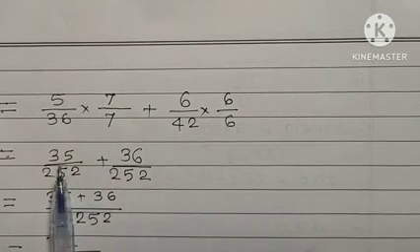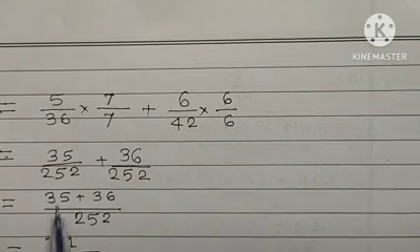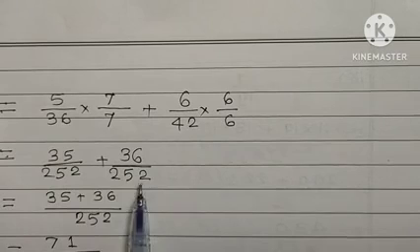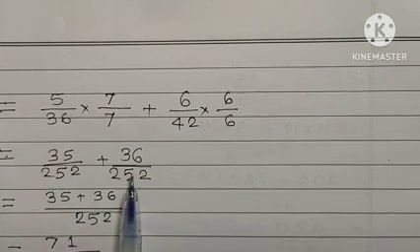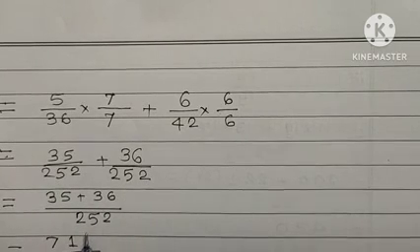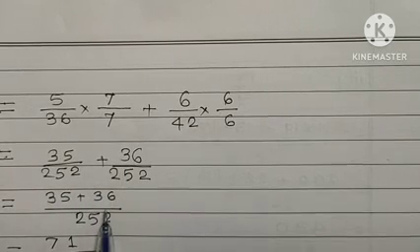5 into 7, 35, plus 6 into 6, 36. In this way, the denominators of both are the same. Therefore, taking this as the LCM, 35 plus 36.